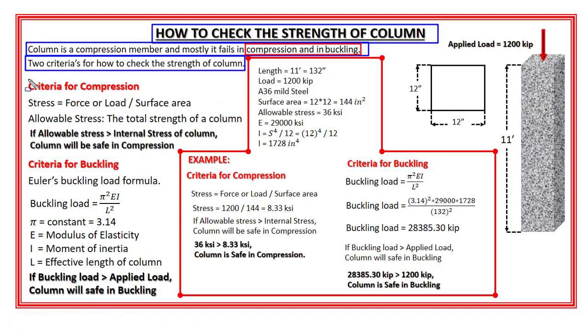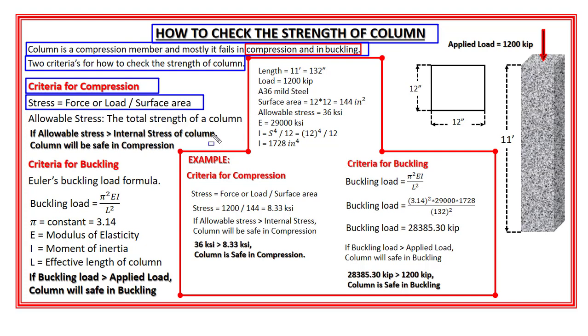So the first criteria is for the compression. Now you must be thinking, how will we be able to check the strength of the column for compression, right? So I have a formula for that, which is stress is equal to force or load divided by surface area, right?